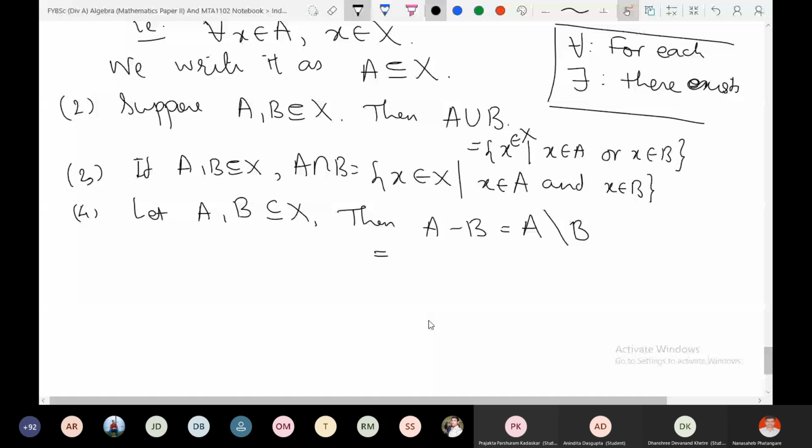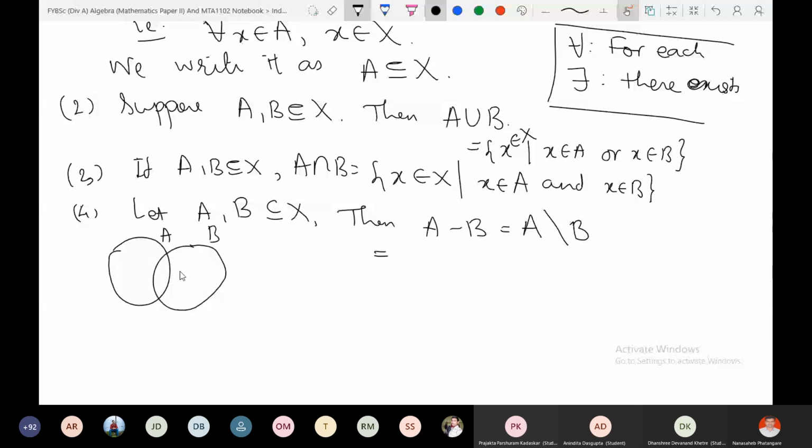If this is my set A, this is my set B, then A backslash B, or A minus B, is those elements which are in A but are not in B. For example, if you look at this particular element alpha, what is the property of alpha? Alpha is in A and alpha is in B, right? But we don't want such elements, we want to remove such elements, the members of A that are in B, right?